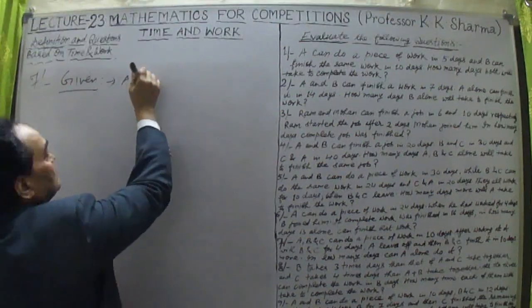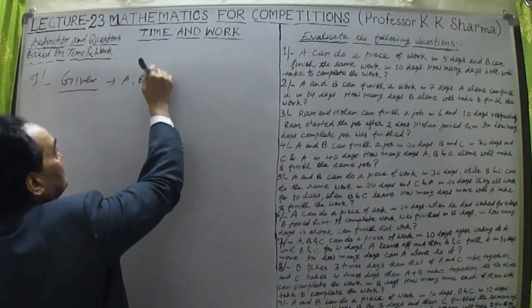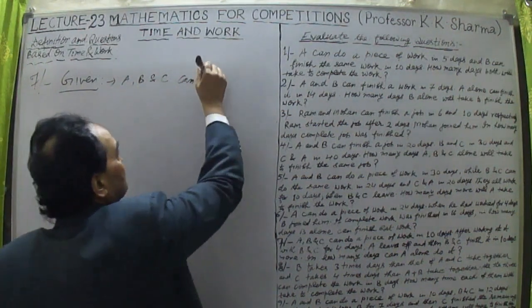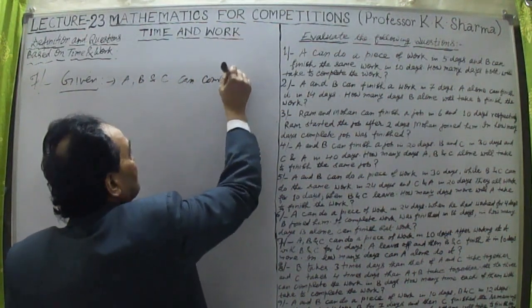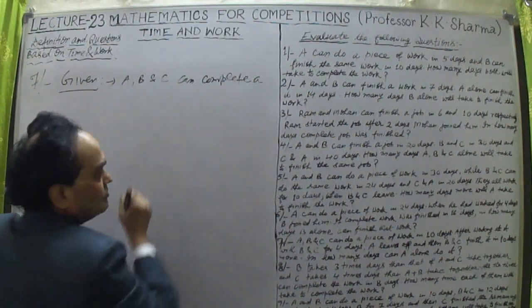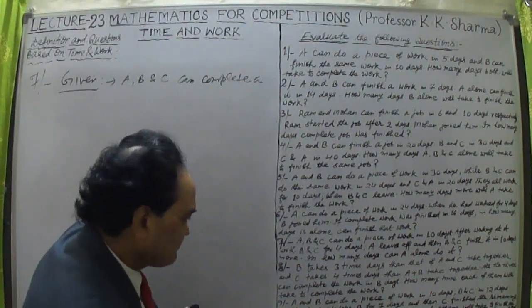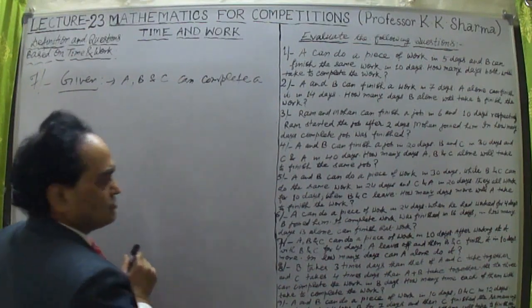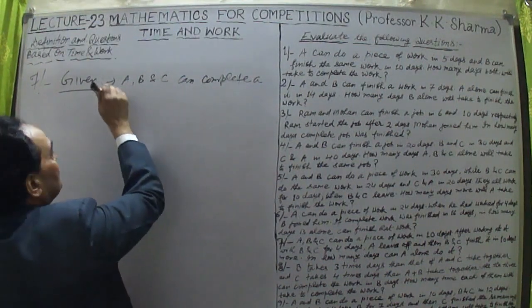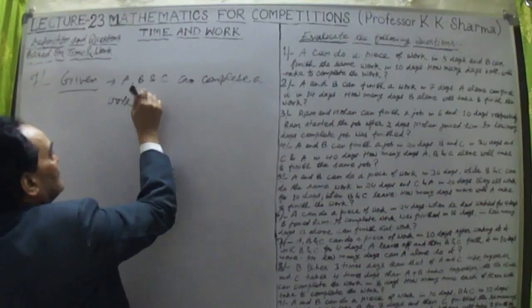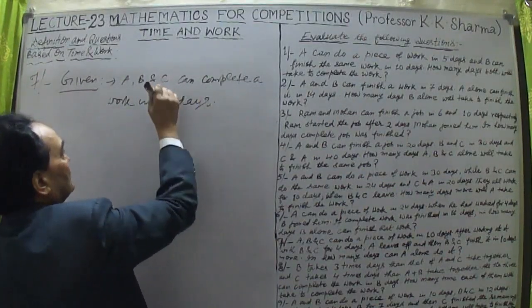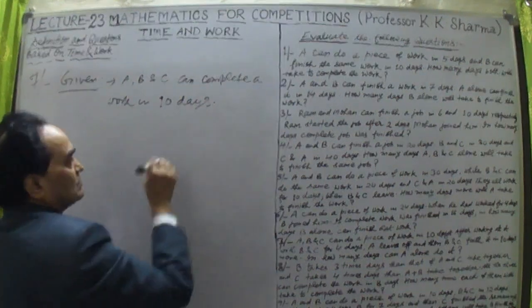A, B and C can complete a piece of work in 10 days. It is given to us, in 10 days, no problem.